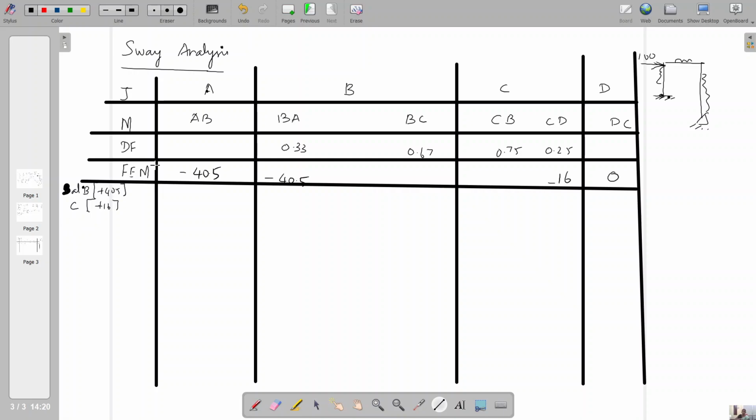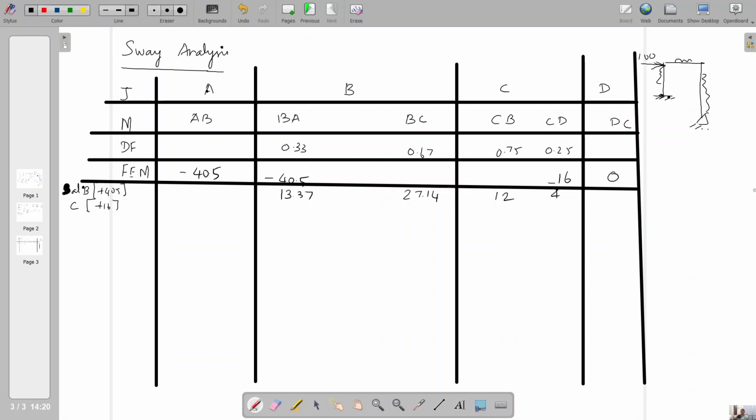You multiply it with the corresponding distribution factor, 40.5 into 0.33. So it is 13.37. Next one 27.14. Okay. Next one 12 and 4.